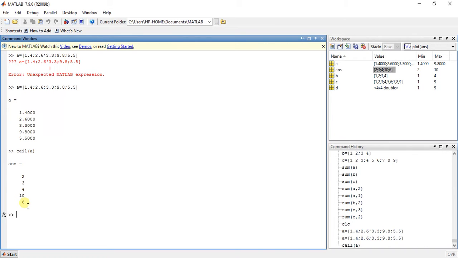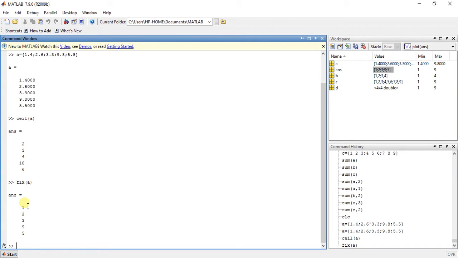Now the other function is fix, and take input. Now what this function will do is it will round towards 0, which is the same as rounding towards negative infinity.